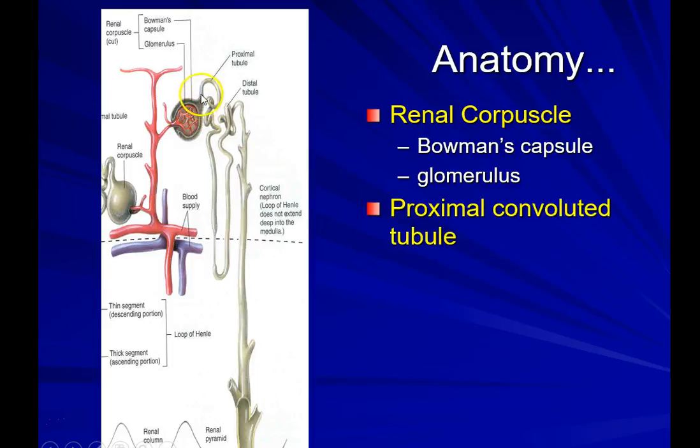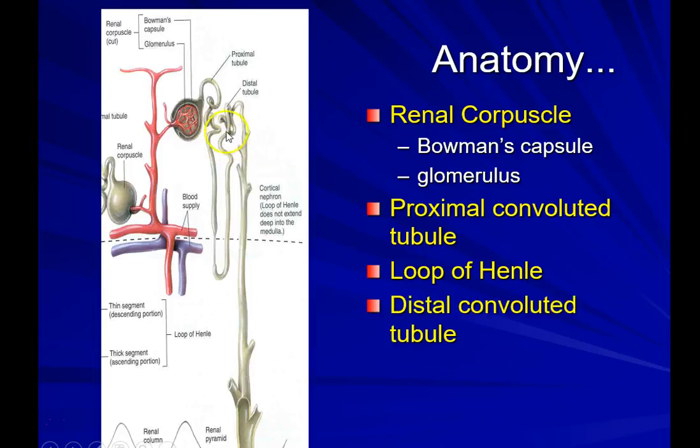Next, we have the proximal convoluted tubule. Think of convoluted as curvy. That's the proximal convoluted tubule. Then the loop of Henle. The loop of Henle is involved with water control, which we'll get into a little bit. Then you have the distal convoluted tubule, and then the collecting duct. In this collecting duct, other nephrons will also be dropping the filtrate, or secreting the filtrate, into the collecting duct.